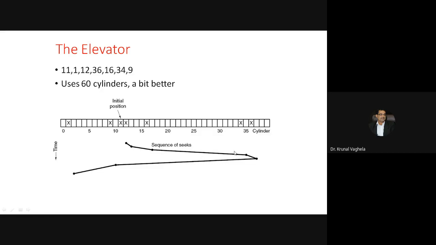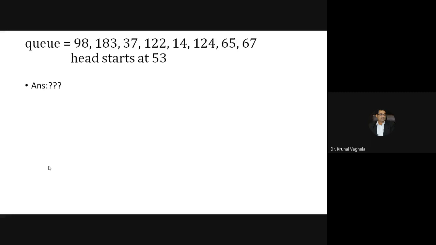So first let's make it simple: all the numbers bigger than 11 in ascending order, and then all the numbers smaller than 11 in descending order. It's very simple. So 11, 12, 16, 34, 36. And what are lesser than 11, which is 9 and 1. So first in ascending order, then reverse in descending order. I hope this is clear.